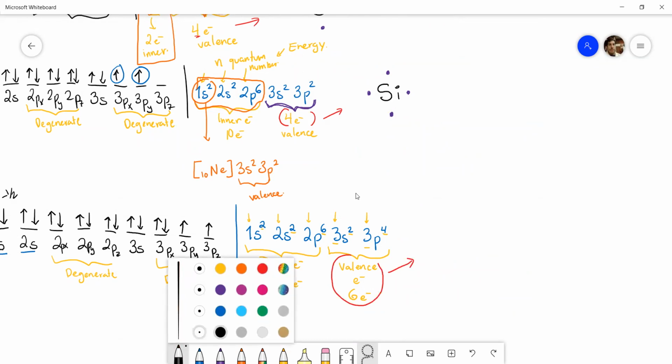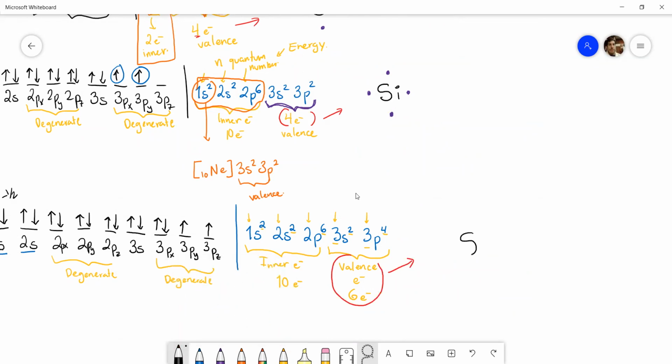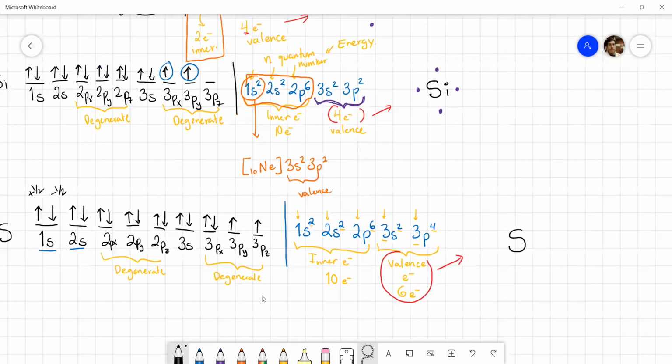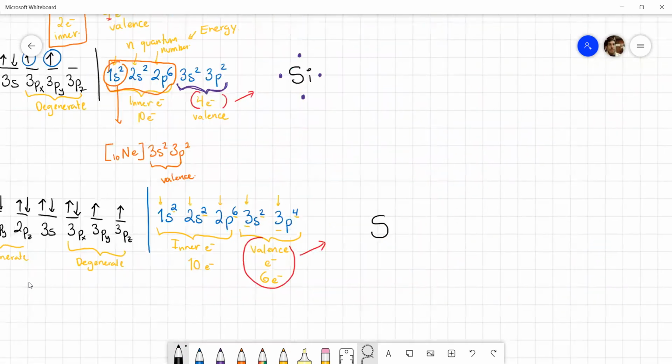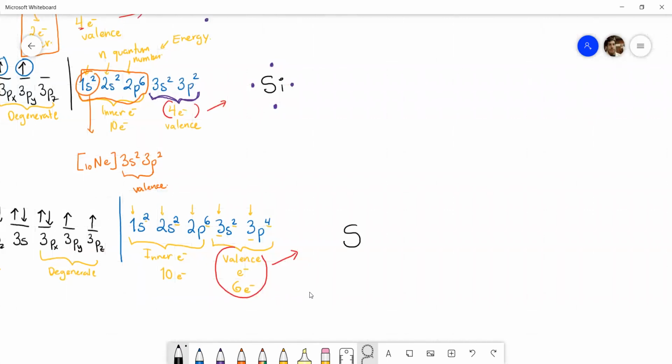The Lewis structure is simply the symbol of the element, in this case S for sulfur. And then we write as dots the valence electrons. So for example, 1, 2, 3, 4, 5, 6, okay?